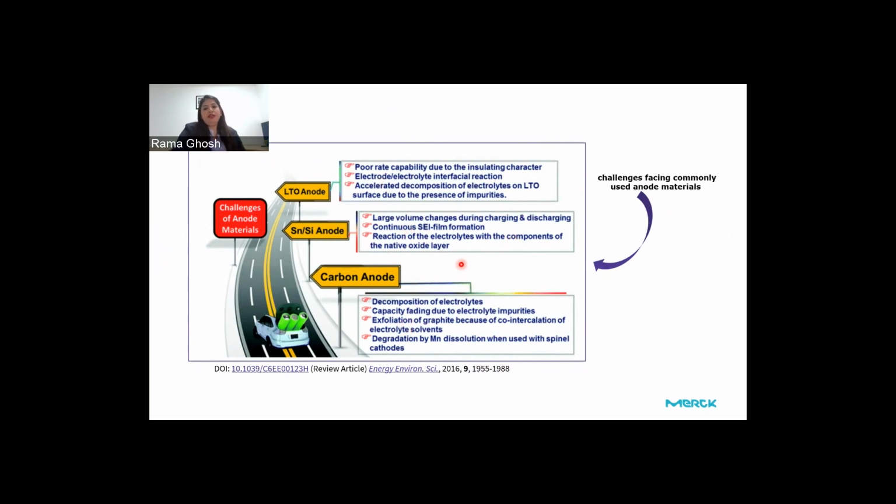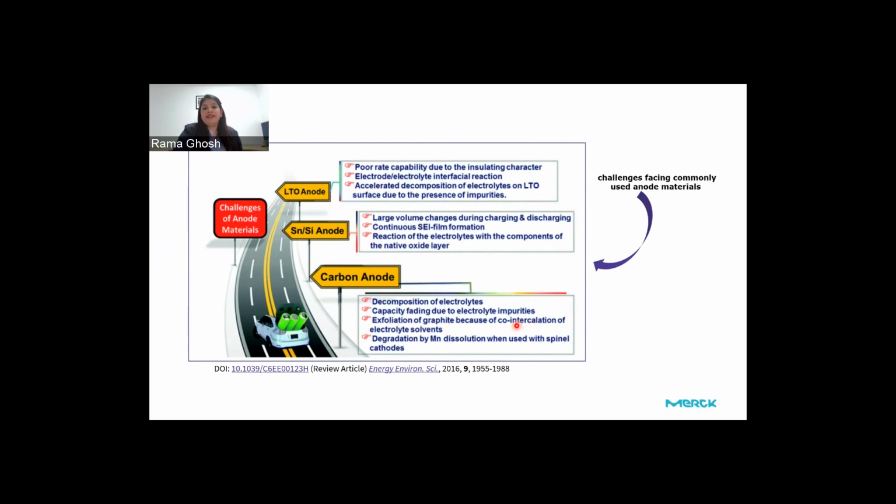When these are used as an anode, it is also found that there are a lot of challenges, especially with graphite. Graphite is a widely used anode for a lot of applications, whether consumer applications or even EV applications. The main factor I wanted to tell you is that when you use carbon or graphite as an anode, exfoliation of graphite happens because of co-intercalation of the electrolyte solvents.